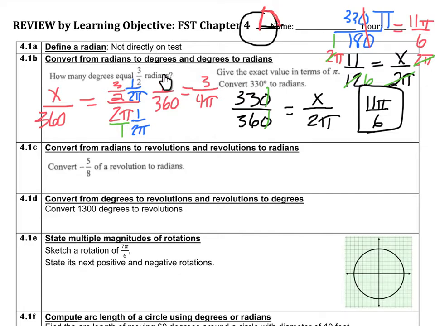Now what I need to do is get x by itself here. This is x divided by 360, so all I need to do is come in and multiply both sides by 360. So I'll do 360 there and 360 here. Those will cancel out, and then we're just going to be left with x is going to be equal to, and I'm going to simplify the 4, and I know 360, I can do 4 divided by 4 is 1. 360 divided by 4 would be 90, so let's cancel that out.